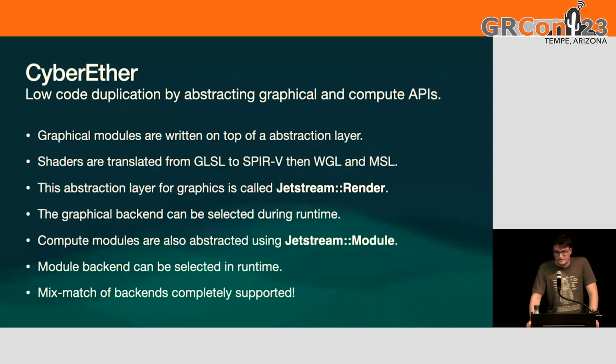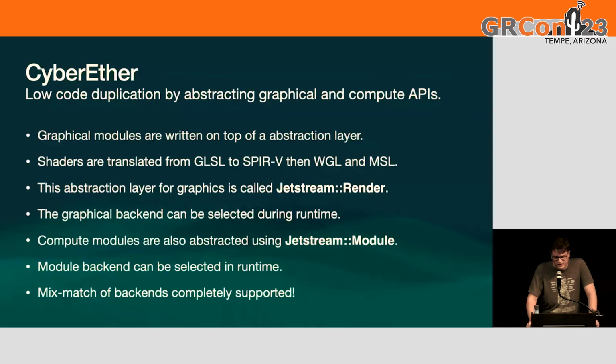And that same SPIR-V is transcompiled for the Metal shading language, and right now for the WebGL shading language, there's another thing. Yeah. So this is called Jetstream render, and the backend can be selected at runtime.